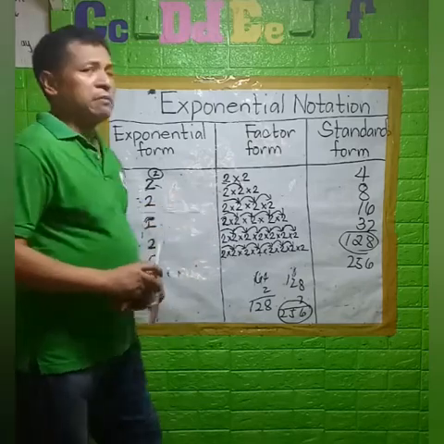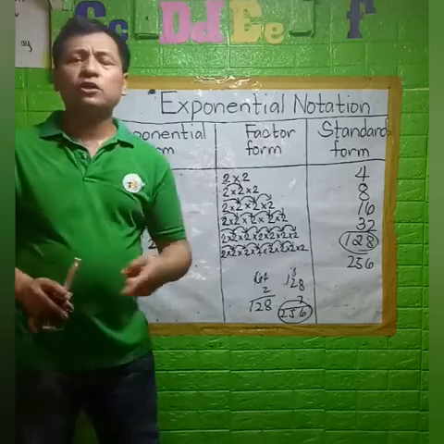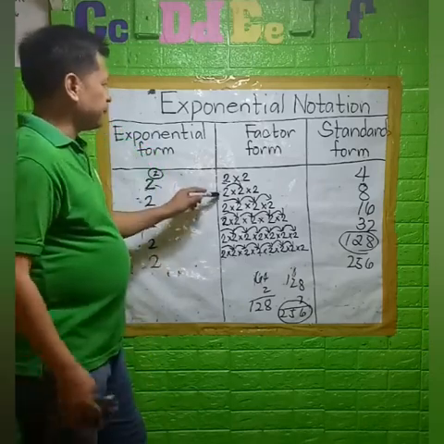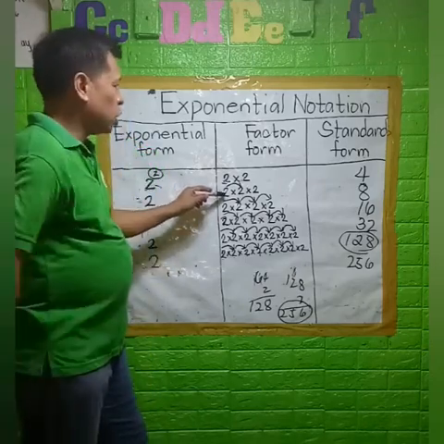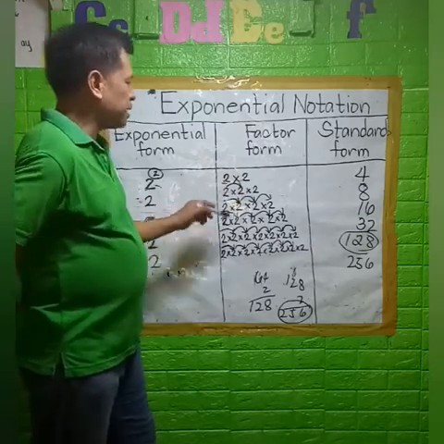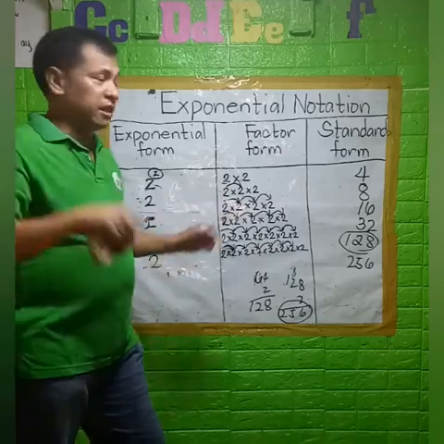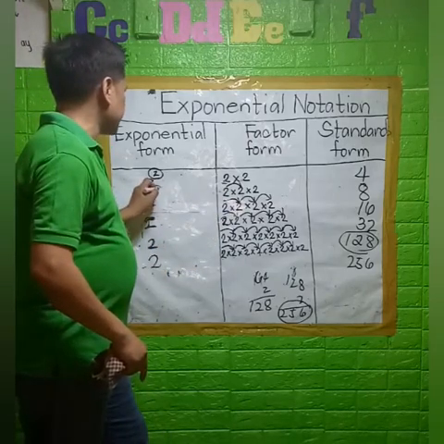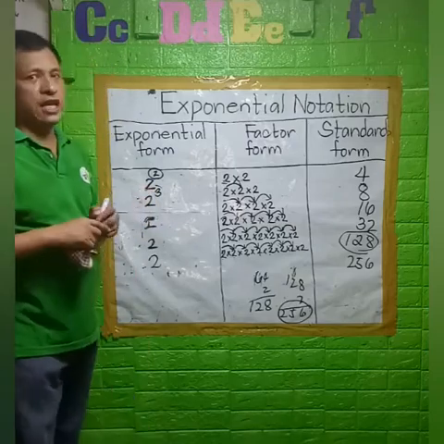Then we arrive at what we call the exponent. So the second example we have here, 2 times 2 times 2. How many times did we multiply the 2? We multiplied 3 times. So the exponent of the second example is 3.